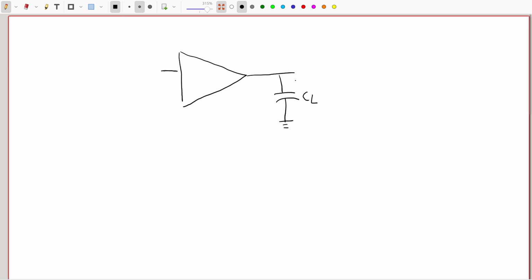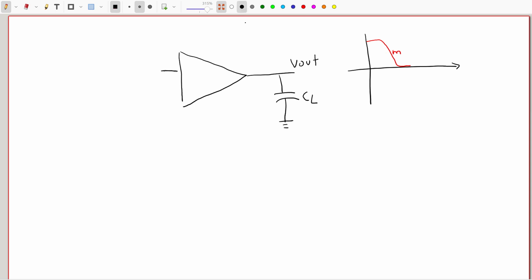And then the output signal is slowing, as we saw here. The output signal is basically slowing like this at a particular slope. Okay, it has a particular slope here.